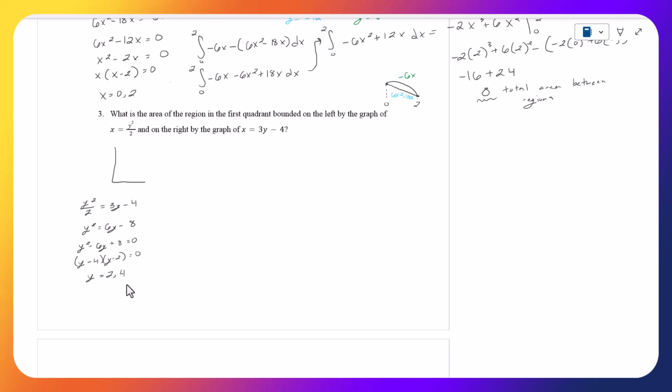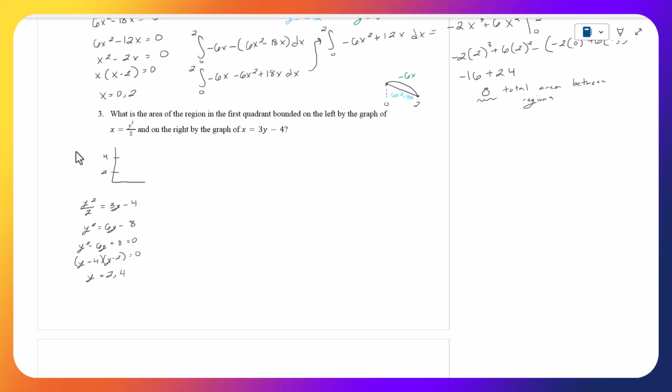So now I'm going to label that on my graph. And I want to be careful because these are y's, not x's. So I'm labeling it on my y-axis. 2, 4. Right there. Okay, and it actually is nice, and it tells us that we're bounded on the left by the graph of this.